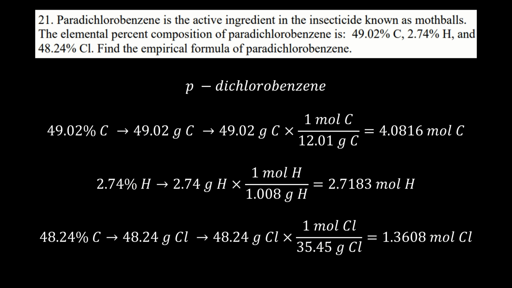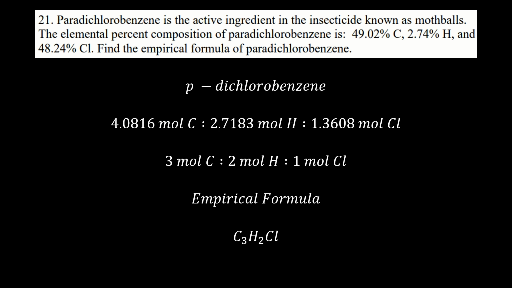And lastly, 48.24% chlorine, converted to a gram amount out of 100 grams, would be 48.24 grams of chlorine, multiplied by the inverse atomic weight of chlorine. That would be 1 mole of chlorine per 35.45 grams of chlorine. That gets us 1.3608 moles of chlorine.